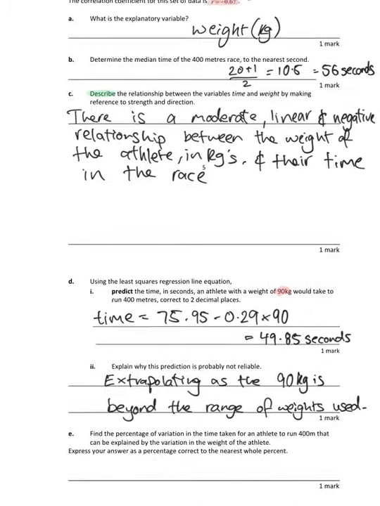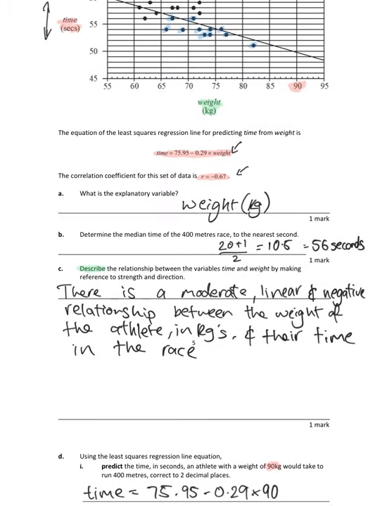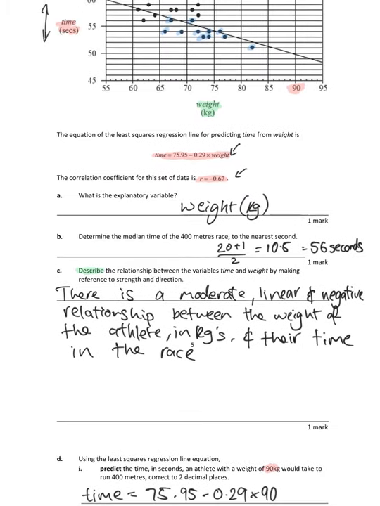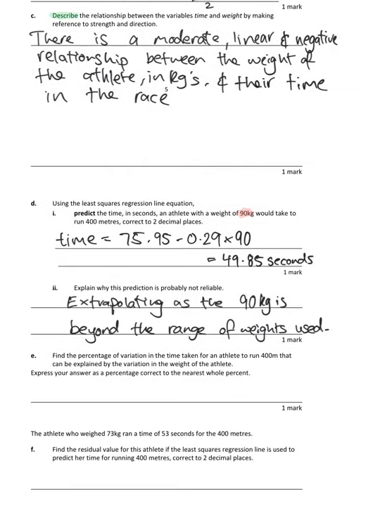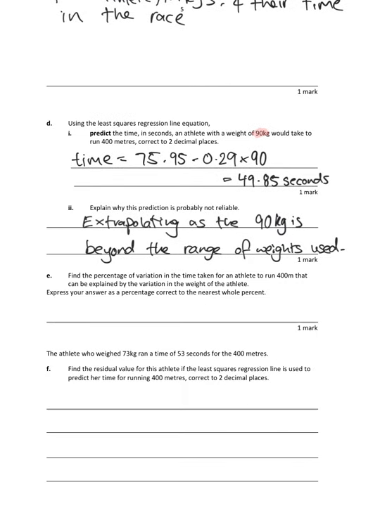We don't know what our R squared value is, but we do know that our R value above is negative 0.67. So you're just squaring that value. It should be positive. We always have positive R squared values. So if you get a negative, just ignore it.